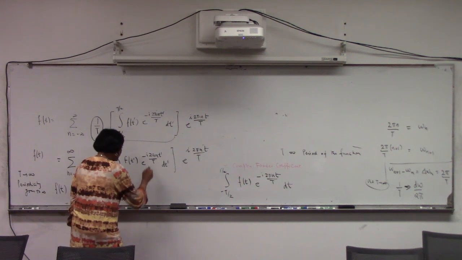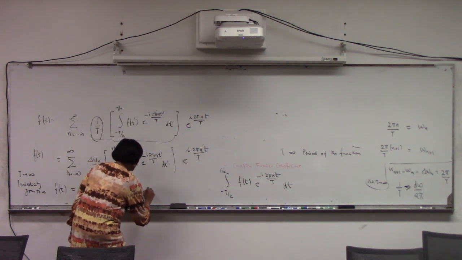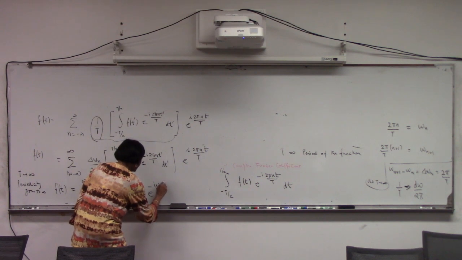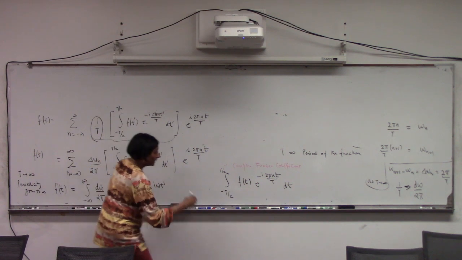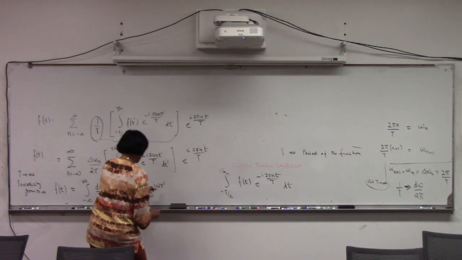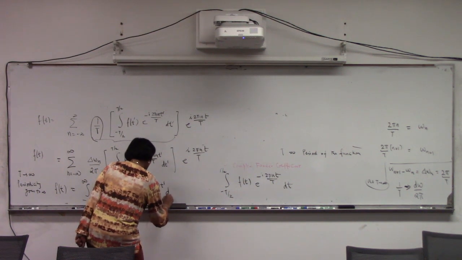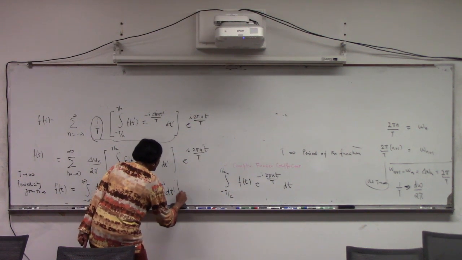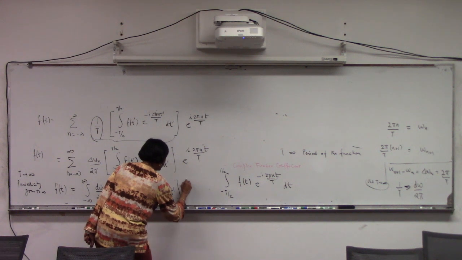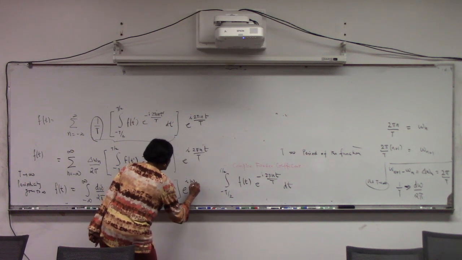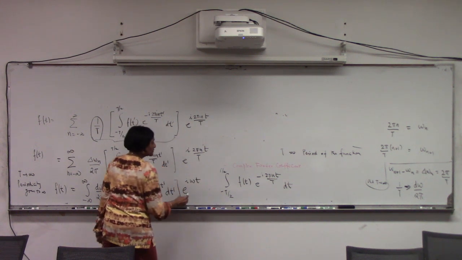This whole thing becomes e to the minus i omega t' dt', because omega n has become continuous, so it has to be replaced by that, and this one is nothing but e to the i omega t.